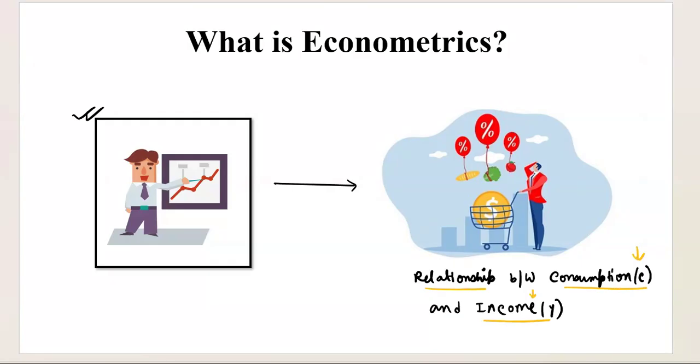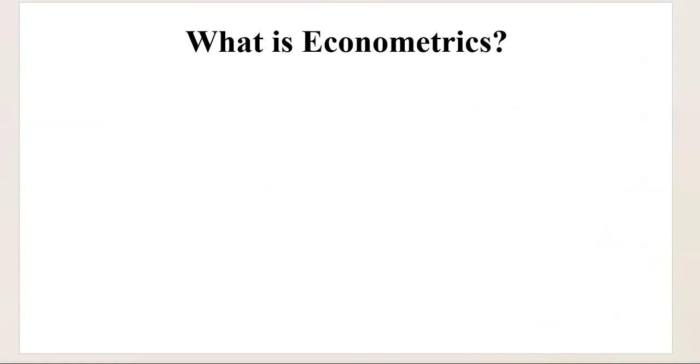Now, what are the steps that you need to follow as an econometrician to land up at the exact relationship and also to validate this relationship? Let's look at the steps. Firstly, you have to rely on some economic theory.